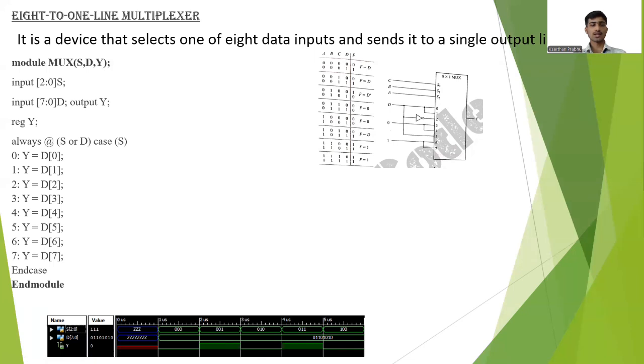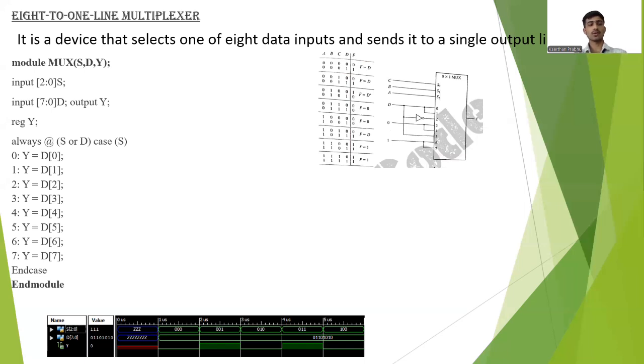In order to check the condition between S or D, selector or data, we use always @(S or D), and check the case S. In case 0, the output y takes data 0, in case 1, y takes data 1, in case 3, y takes data 3, in case 4, y takes data 4, and with case 5, data 5.